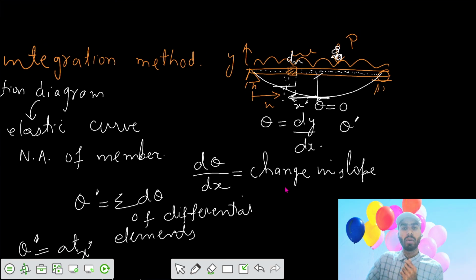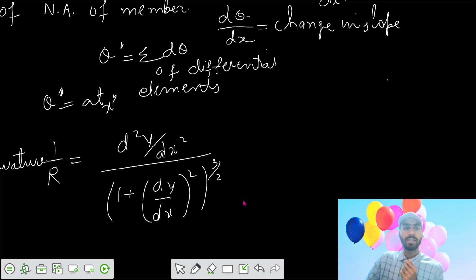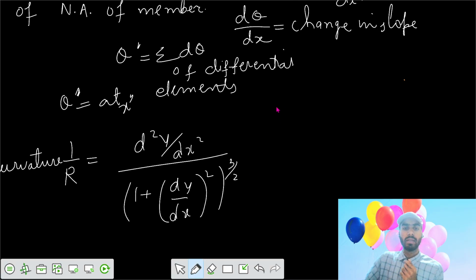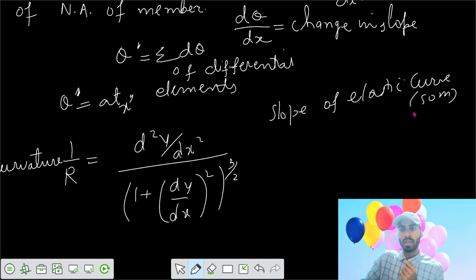In strength of material, for the elastic curve, we say that the slope is very small.